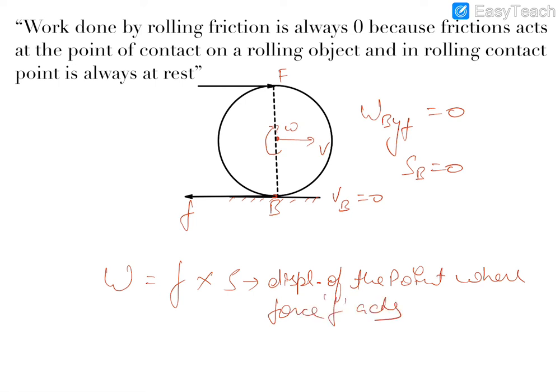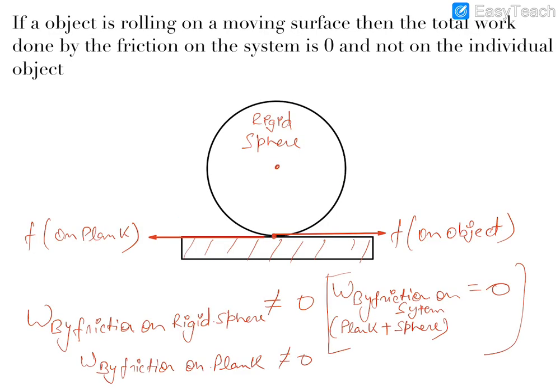So this work done would be zero, because the displacement of this point B is zero. But if the body is rolling on any moving surface like that, then the work done by the rolling friction on the complete system would be zero.